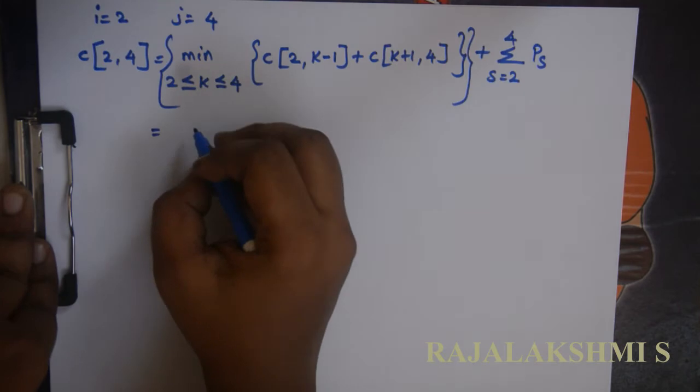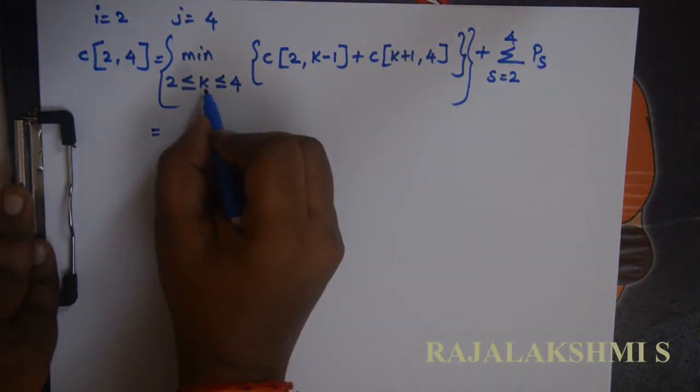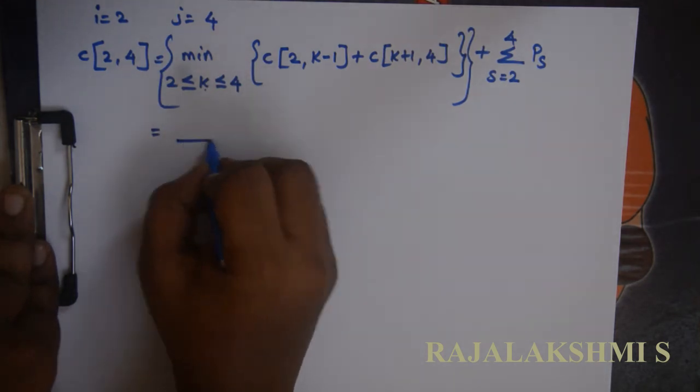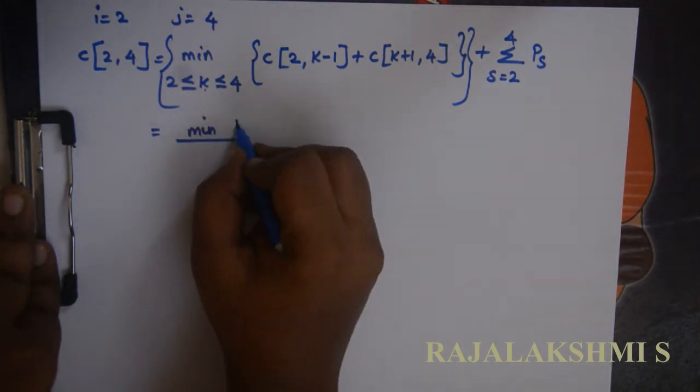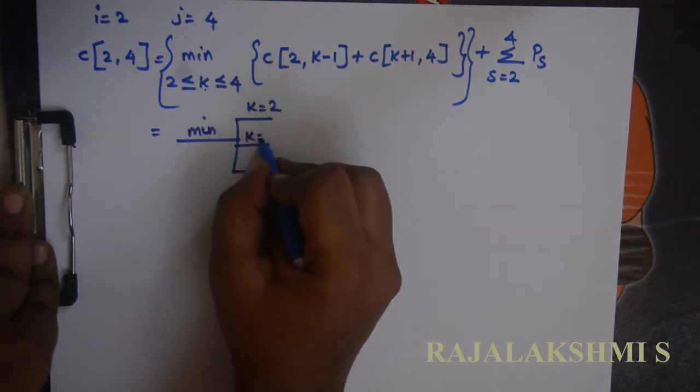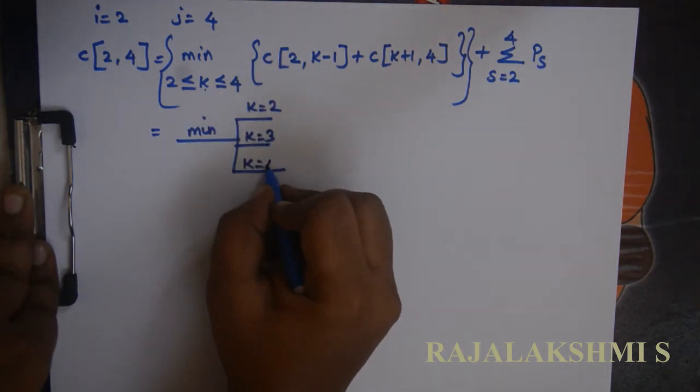So now the values that the K will take is that all the integers between 2 and 4 including 2 and 4. So K takes the value minimum over K is equal to 2, K is equal to 3 and K is equal to 4.